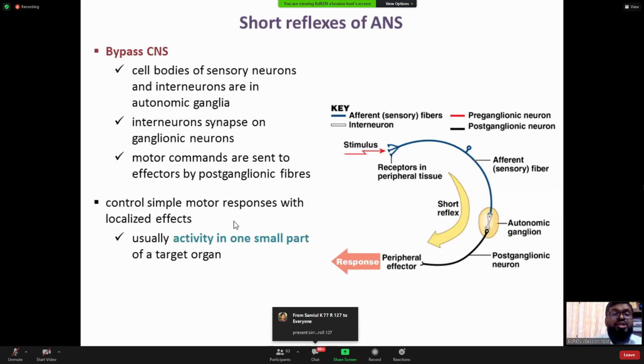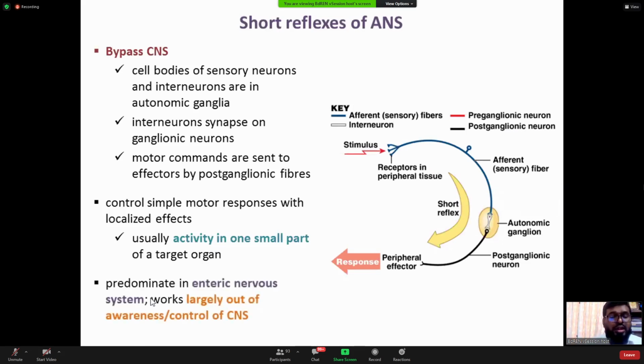So this is a short autonomic reflex, right? And it actually works mostly in the enteric nervous system. And actually our central nervous system is not aware and is not controlling those reflexes. These are the properties of the short visceral reflexes or short abdominal reflexes.